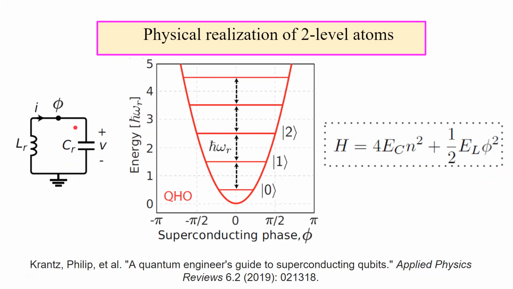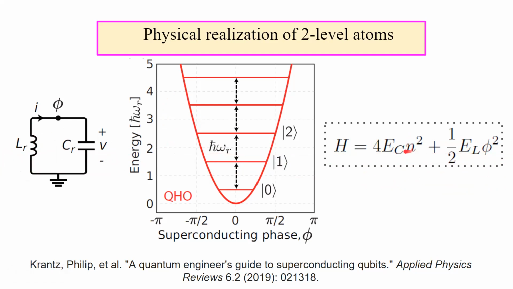And if we have no resistive element in such circuits, this oscillation does not get damped out with time. That's the ideal scenario. So this is the capacitive energy, and this is the inductive energy. EC is the energy related to the storage of charge in the capacitor, and EL has to do with the storage of magnetic energy in the inductor.